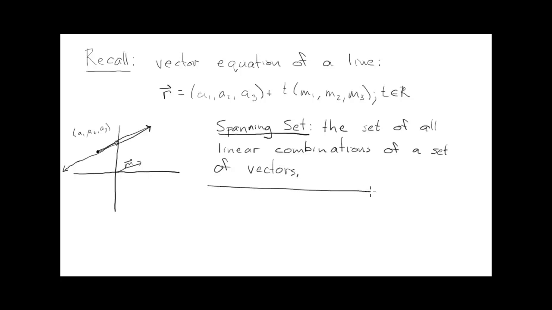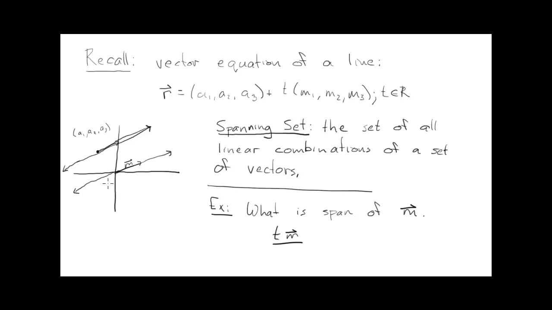Let's say, for example, the vectors you're looking at is just one vector, in this case m. What is the span of m? Well, that's just all multiples t of m. So if m is this, then the span of m is all multiples, which is just the line.